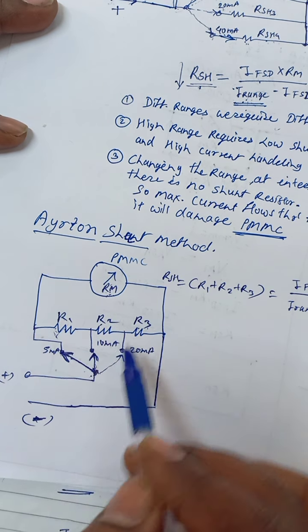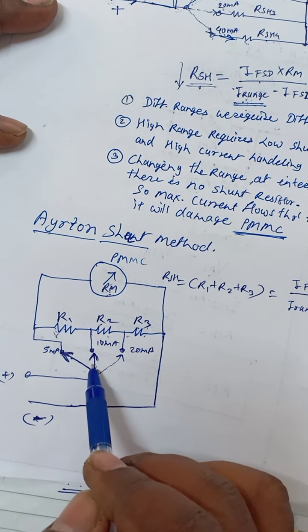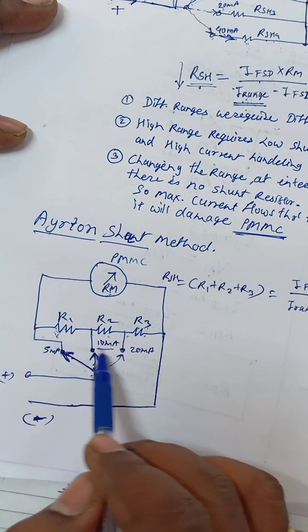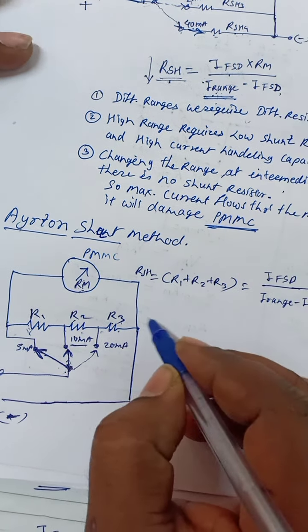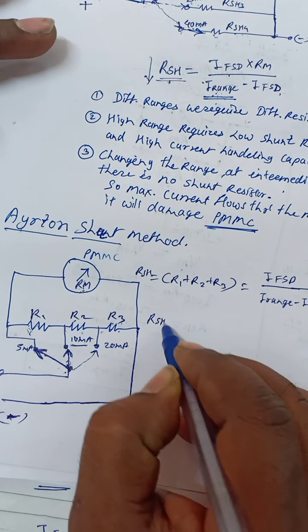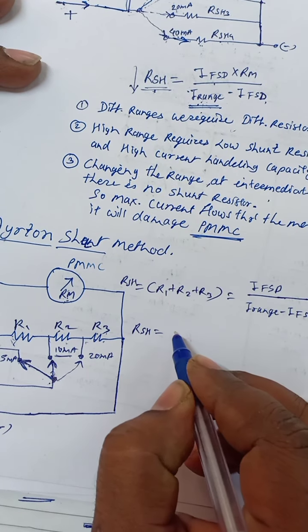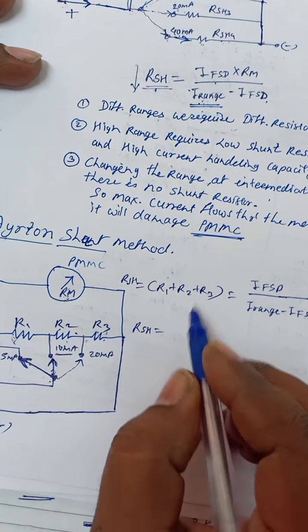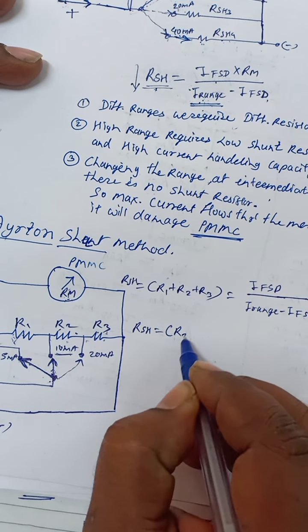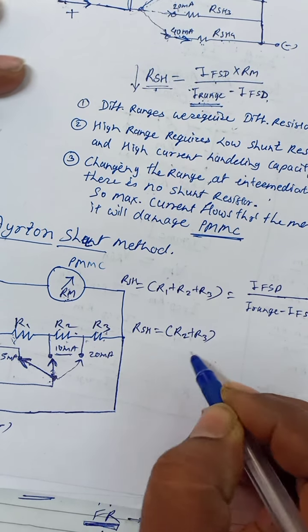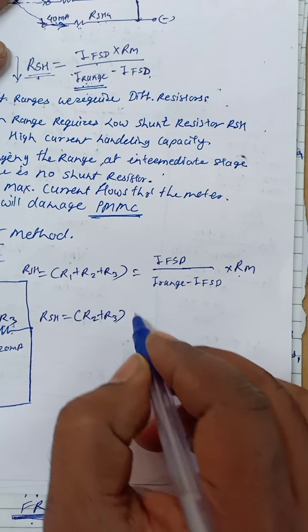Now the second range of 10 milliampere is selected, so RSH is R2 plus R3.